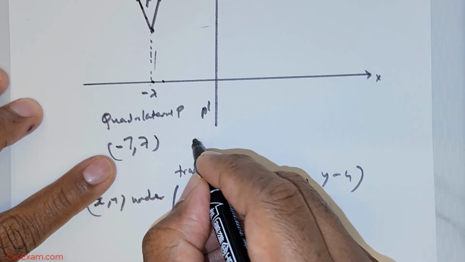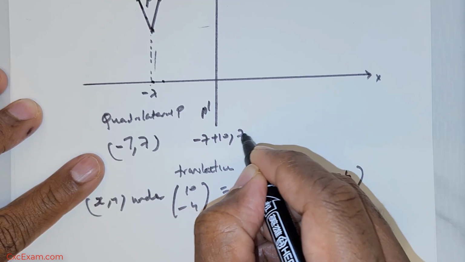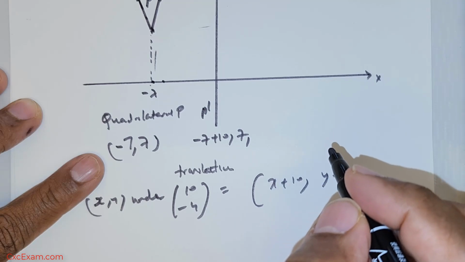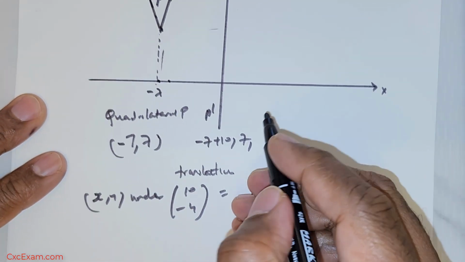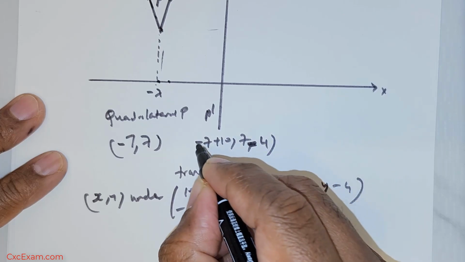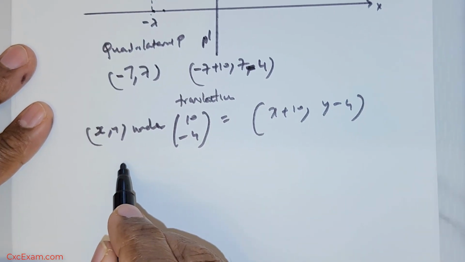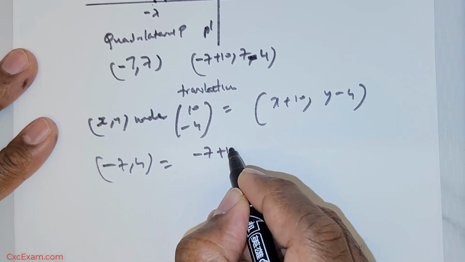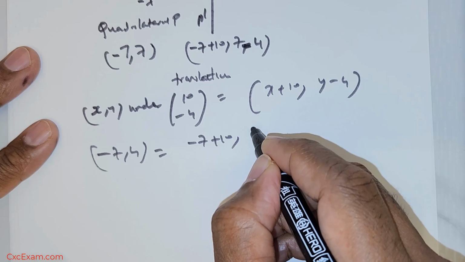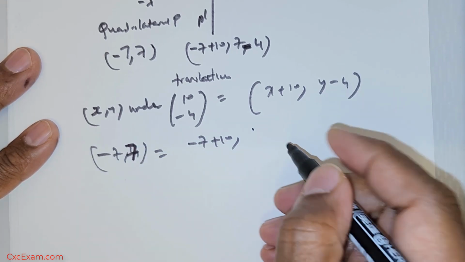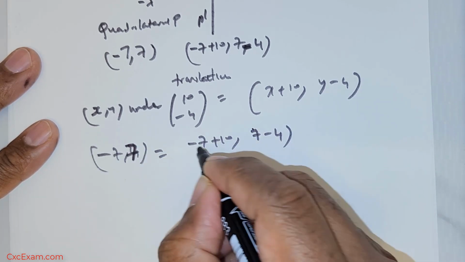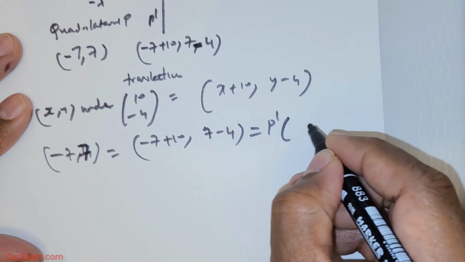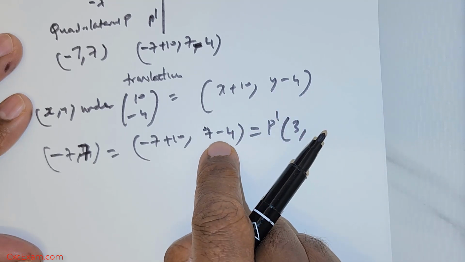So that's going to be -7 added with 10 and 7 added with -4. Right, so let me use the space here. So (-7, 7) is equal to -7 added with 10 and 7 added with -4. So this is going to be my P dash, and it's going to be (3, 3).